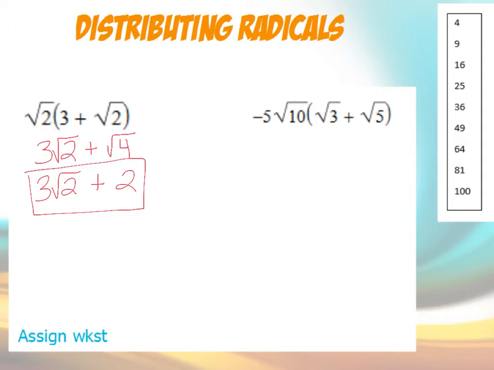All right, let's try one more of those, a little trickier. I've made this number out in front a little messier. So we're going to take this whole thing and distribute it. When I distribute here, the coefficient on this radical is assumed to be a 1, so I would be taking a negative 5 times a 1.